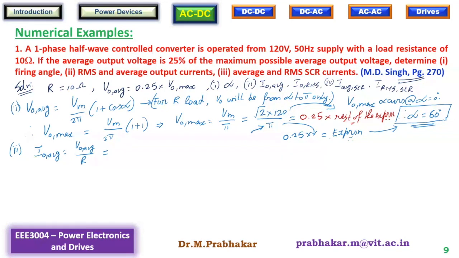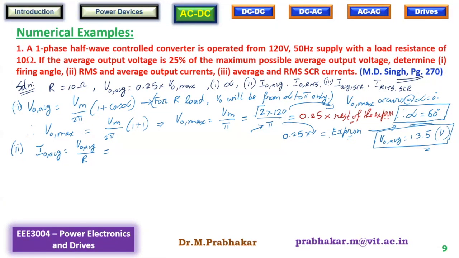So whatever you have computed, I think it's 40.4. Am I right? Should we compute again? Root 2 into 120 divided by pi divided by 4.